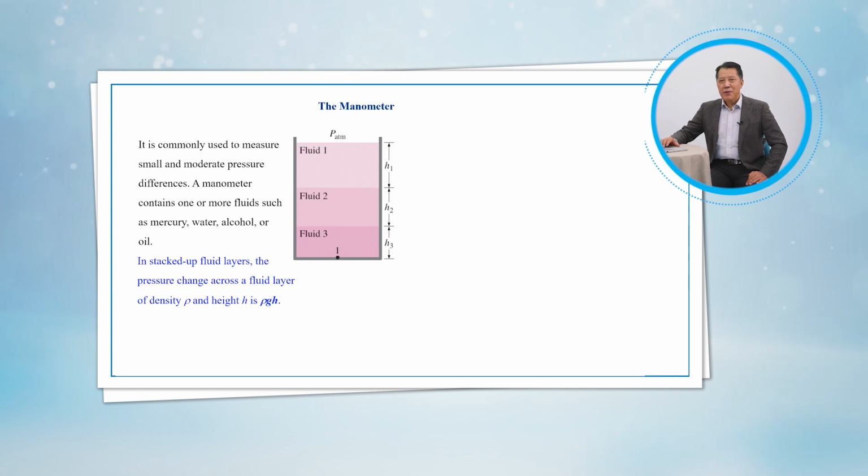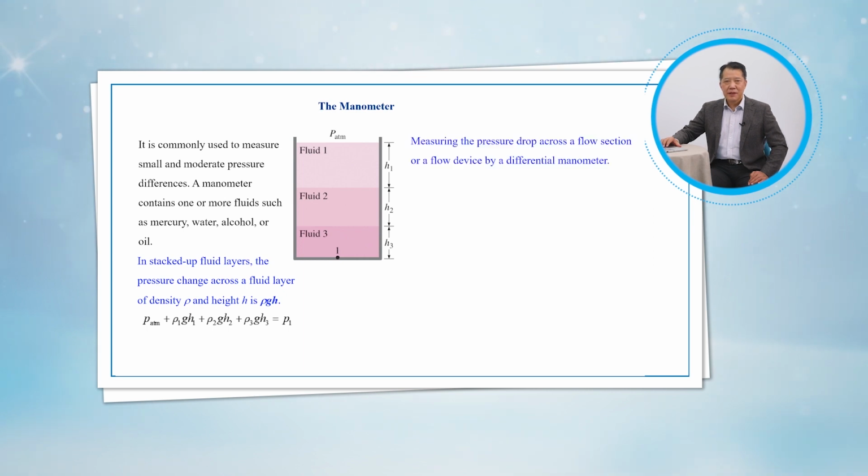In stacked-up fluid layers, the pressure change across a fluid layer of density ρ and height h is ρgh. The pressure at point 1 can be easily expressed as such. The pressure drop across a flow section or a flow device can be measured by a differential manometer.